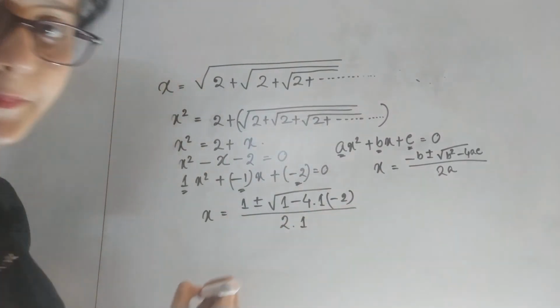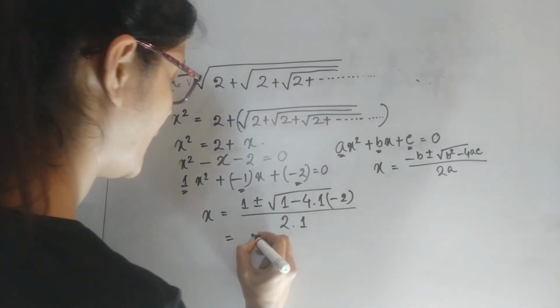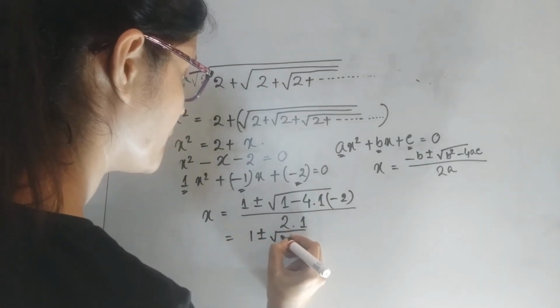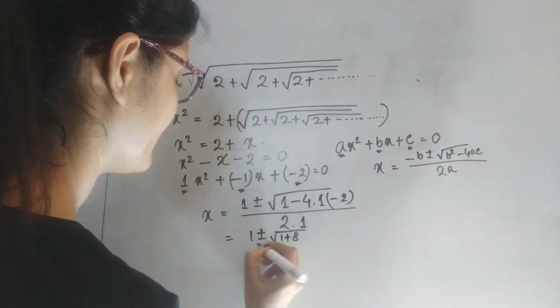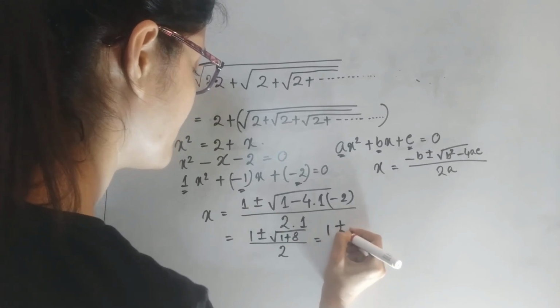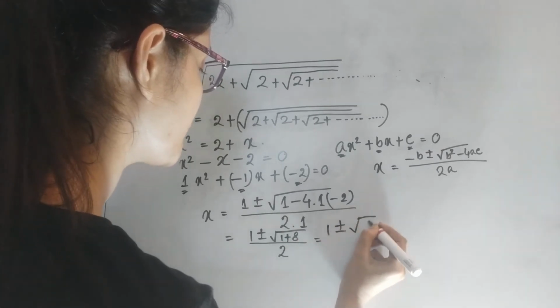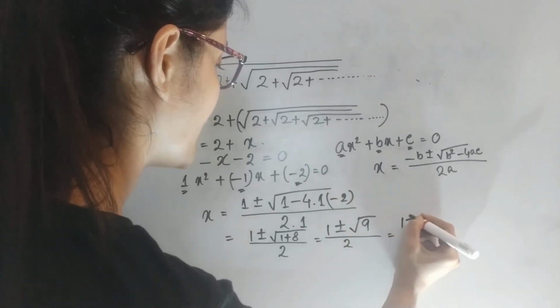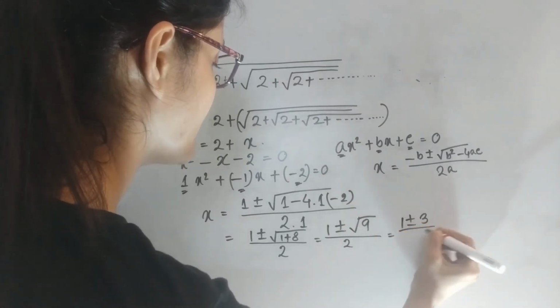So here 1 plus minus root over of 1 plus 8 by 2, that is 1 plus minus root over of 9 by 2, that is 1 plus minus 3 by 2.